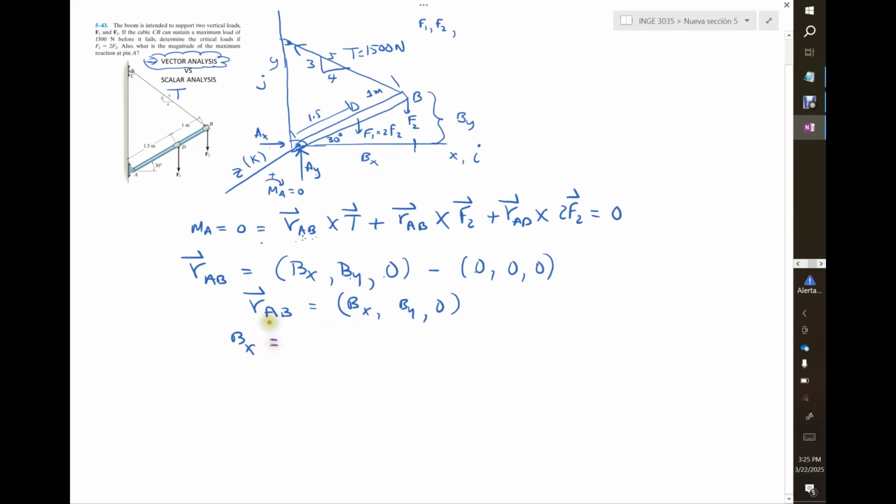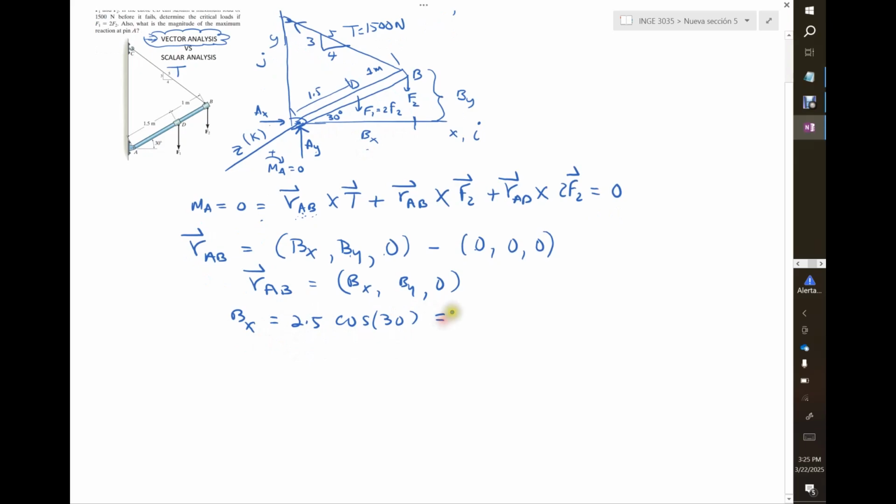BX is very simple, it's the distance here, so that would be the full length of this member, 2.5, multiplied by the cosine of 30. If I get a calculator here, that's about 2.17. How about BY?